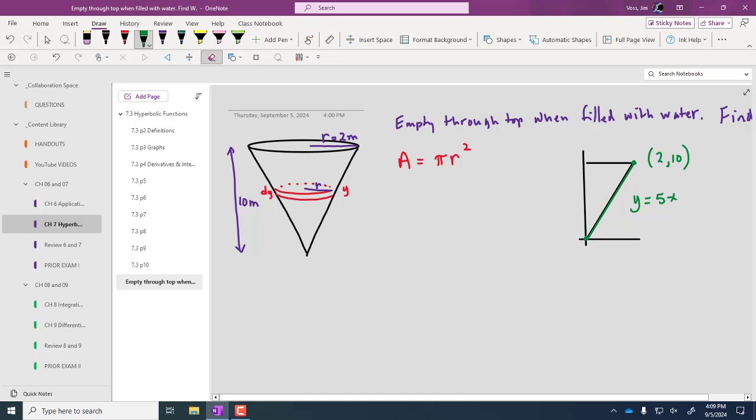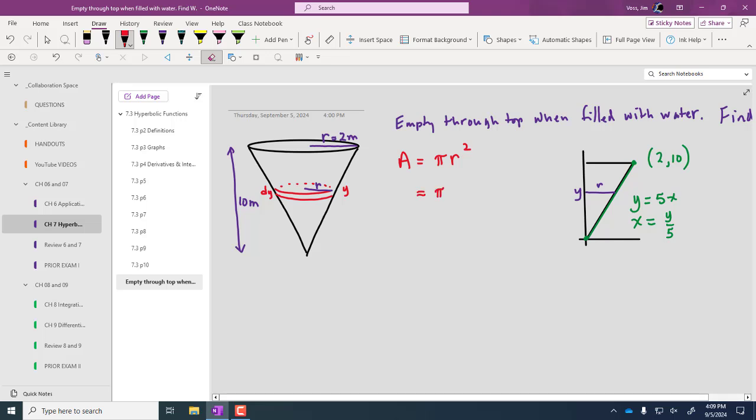But we want a horizontal distance. We need to measure that little purple radius. So we're going to isolate x. So x will be y fifths. There's the radius right there at our random y. Okay, so what is the area of the circle at height y then?